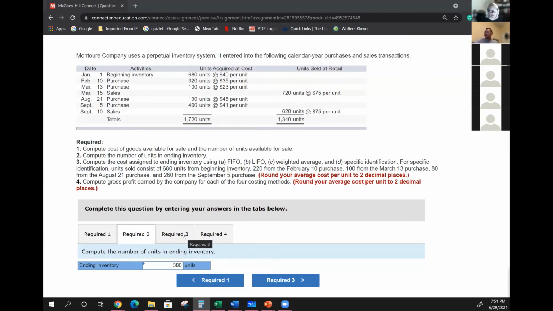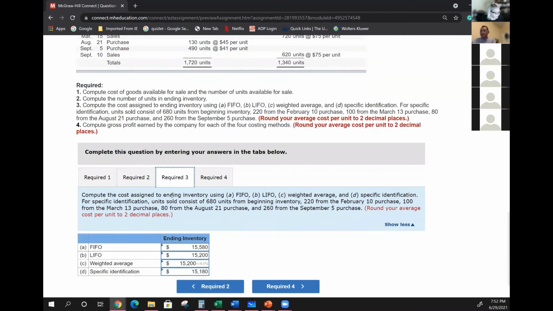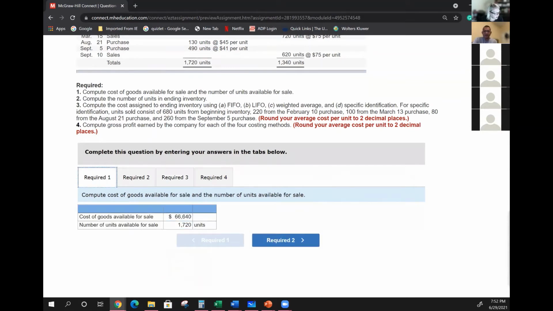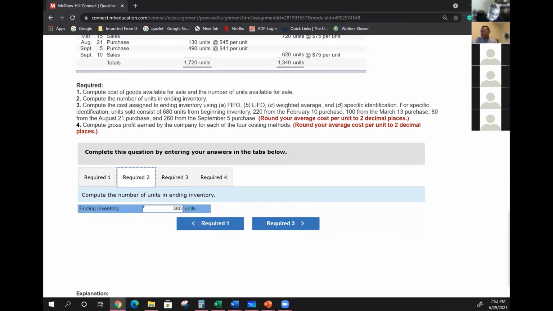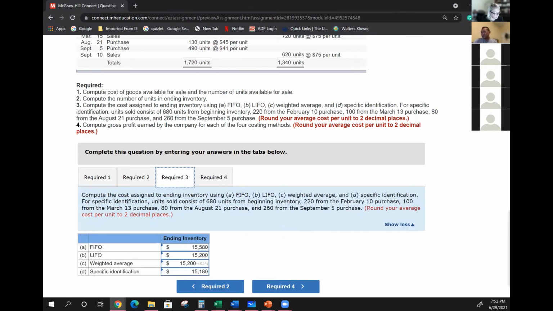Y'all shouldn't have had any problems with that, right? Okay. So now they want us to do the cost for FIFO, LIFO, weighted average, and specific. On the specific, we've already calculated what we had available to sell. We calculated what we had in inventory, so we know we sold 1,340.